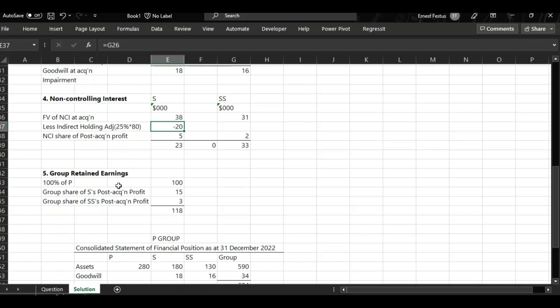You start with 100% of the parent group share of, and then any other components that might come here are provision for unrealized profits on inventory where the parent is the seller. Alright, so we have that.